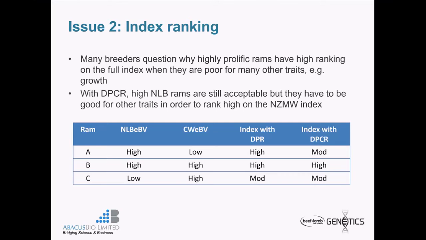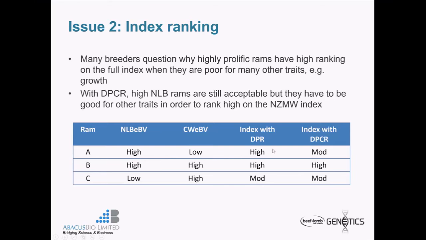So with this CAP reproduction, when we look at this approach for different kinds of rams, in the table here we've got three different rams: Ram A, Ram B, Ram C. Now, if we think of Ram A, he's high for number of lambs born, but he's poor for other traits, especially carcass weight.